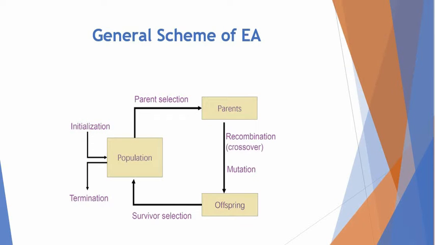The general scheme of an evolutionary algorithm looks like this. The algorithms evolve like organisms toward a more ideal solution, and their evolution works just like it does in the biological world.